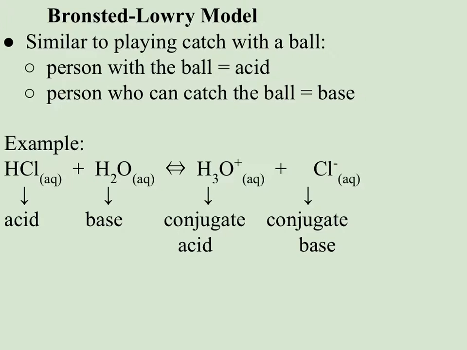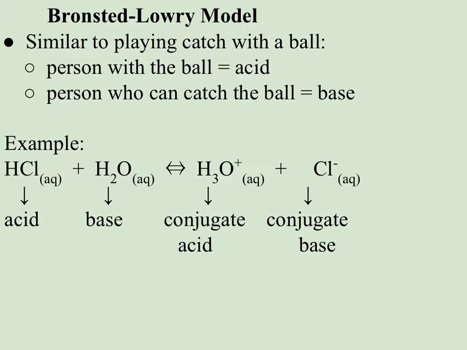So for example, HCl is an acid. HCl is aqueous, and it's put in water, which is also aqueous. And if we look at it between here and here, HCl has lost its H+. So that's why I know that HCl is an acid. And that means it changes to a conjugate base.